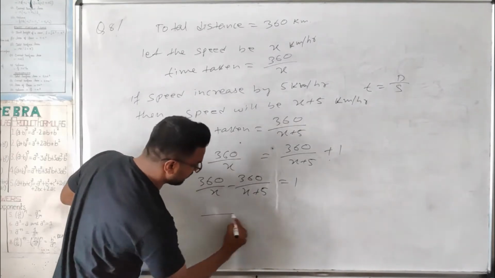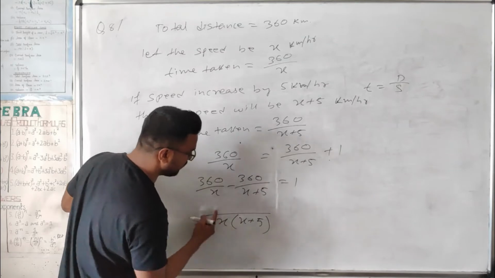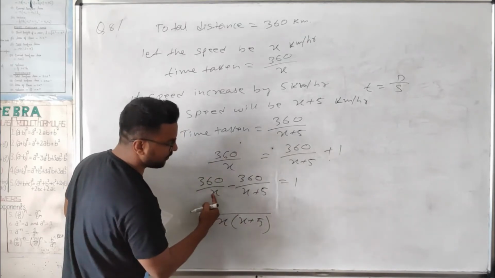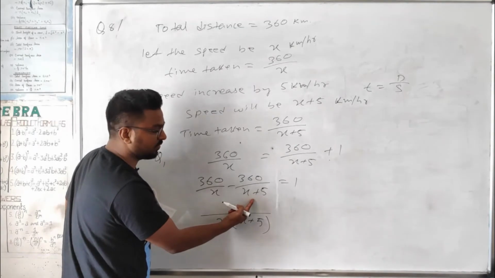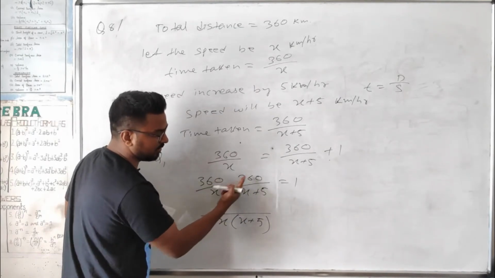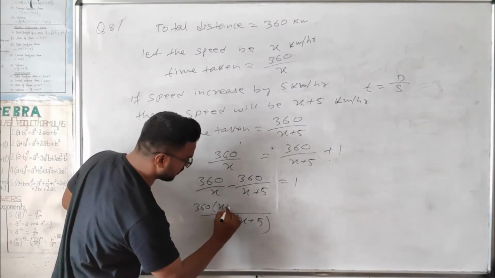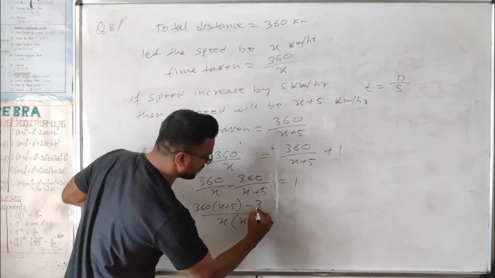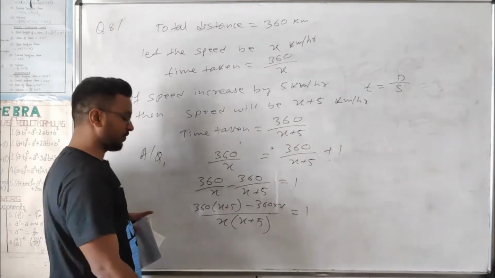Now if you take the LCM, it will become x into x plus 5, and just cross multiply because we are just multiplying the denominators, right? So we'll multiply this one with this and this one with this. So you can write 360 into x plus 5 minus 360 into x equals 1.